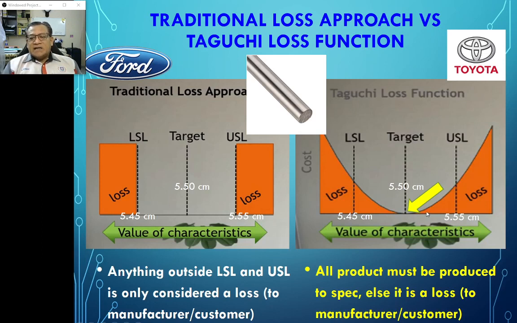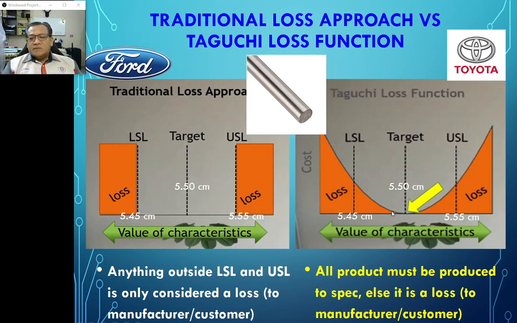It will create tightness, and if it is a moving part, that tightness will create friction, and that friction will create unnecessarily high temperature. In the long run it will affect the whole operation and performance of the equipment. So that is what the Taguchi loss function is all about, in which loss is measured when the product deviates from its target value.